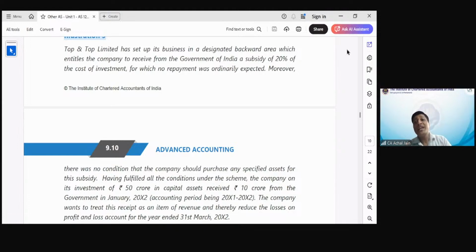So when the company has incurred that cost, when the company has spent that money, that is when the government has given the grant. But this grant is not given because the company is going to purchase any particular asset. And please understand that is a capital asset only, right? Yes, sir. Any more questions?